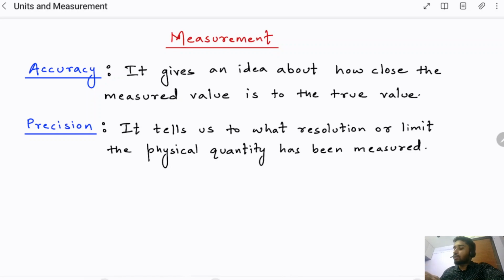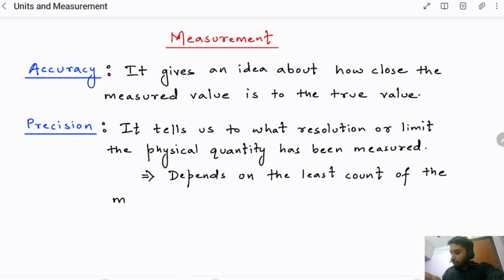The precision of any measurement depends on the least count of the measuring instrument.